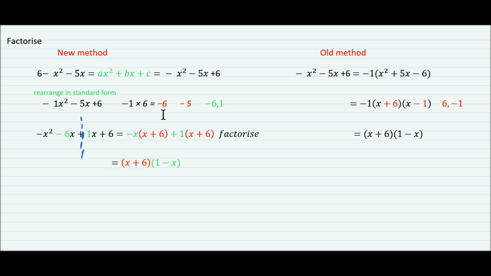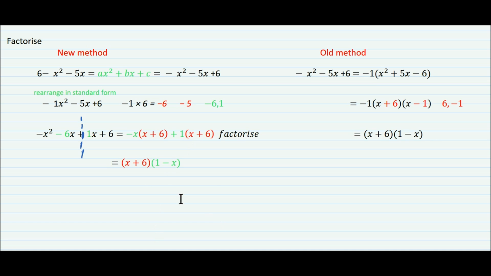So what two numbers multiply together? You look for two numbers which multiply together to give minus 6, not plus 6, minus 6, and which add together to give minus 5. So those numbers are minus 6 and plus 1. Minus 6 times plus 1 is minus 6. Minus 6 plus 1 is minus 5.